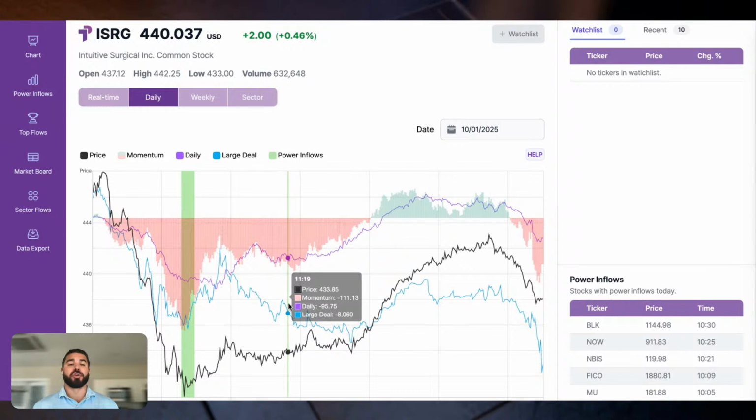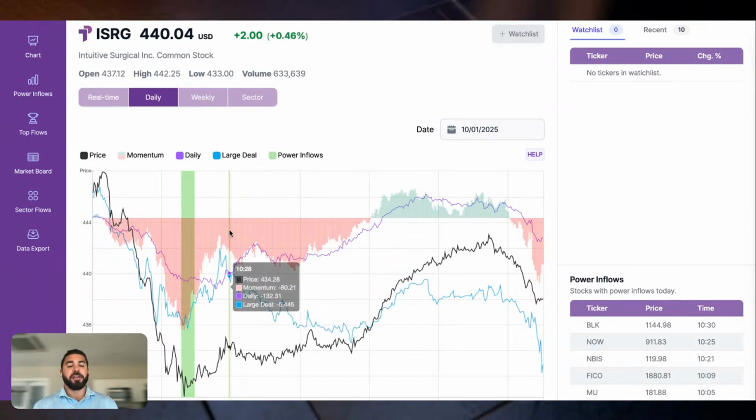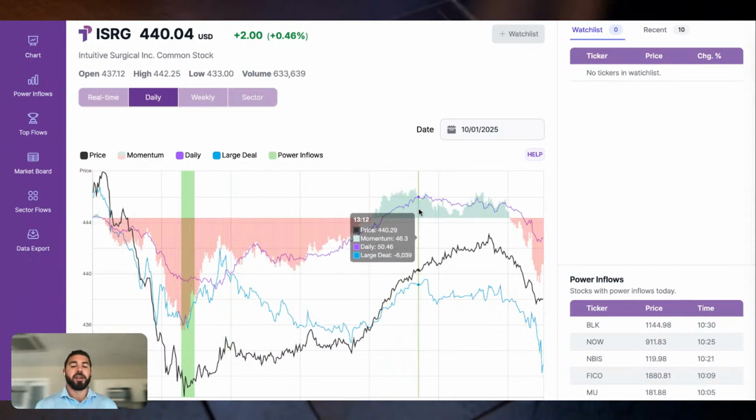That's our institutional flow that we just touched on. That's all the bigger orders, and we're tracking that with the light blue line. You'll see the red bar charts facing down, and towards the right, you have the green bar charts facing up. That's the retail order momentum flow.